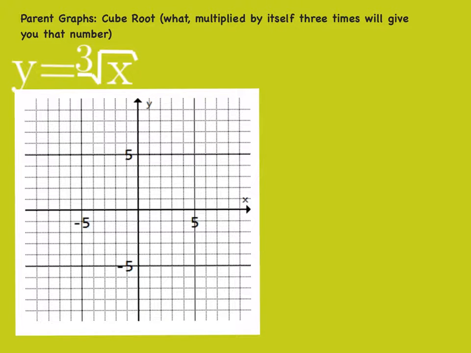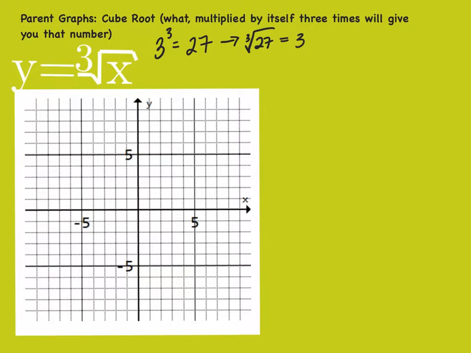Cube root is what times itself 3 times gives you that x. So for example, if I have 3 to the third power, that's 3 times 3 times 3, so that's 27. What that means is the cube root, or the third root of 27, equals 3.